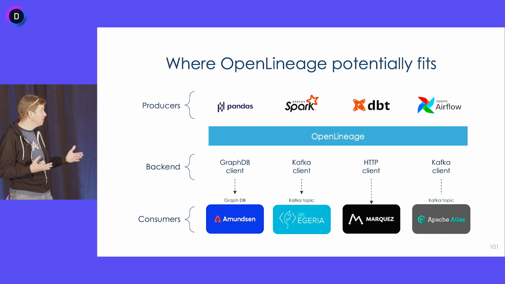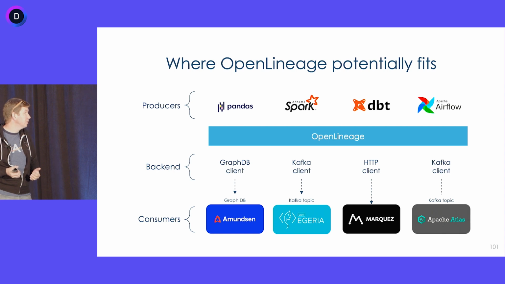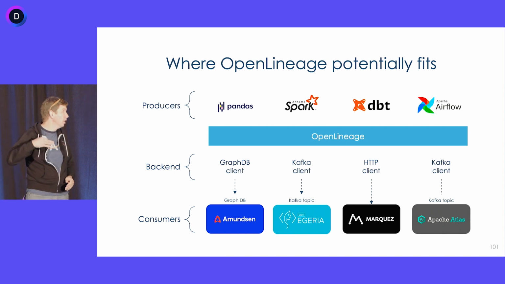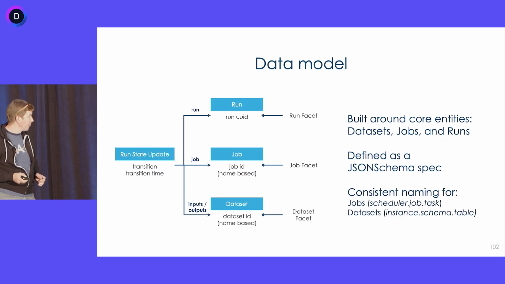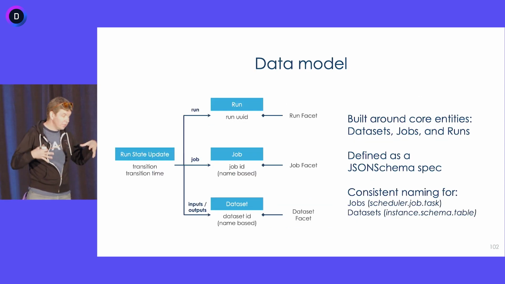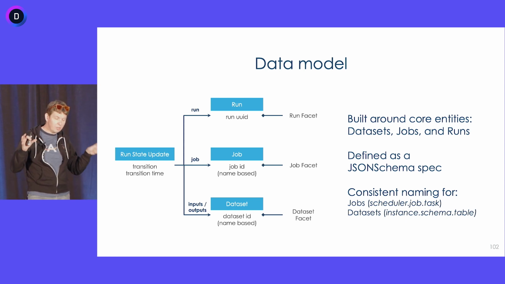And the reason is there are lots of use cases behind Lineage, and there are a lot of specialized tools that look at it from a different point of view, whether it's operations or governance or privacy or a lot of other things. And it's important to enable an ecosystem that can all leverage Lineage and really amortize the cost of this. So the data model is, on purpose, a very simple data model that focuses on just the Lineage.